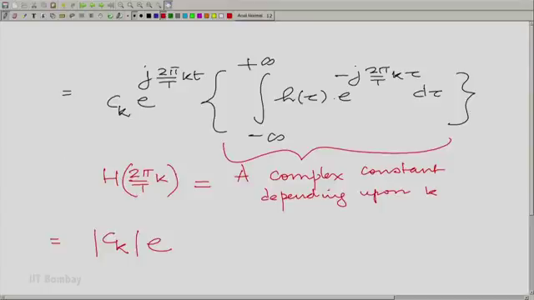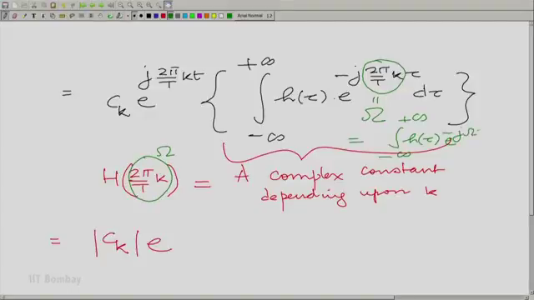We call this whole argument capital omega, and therefore what we are saying is that this is essentially the integral from minus to plus infinity of h(τ) e^(−jΩτ) dτ with omega at a specific point.